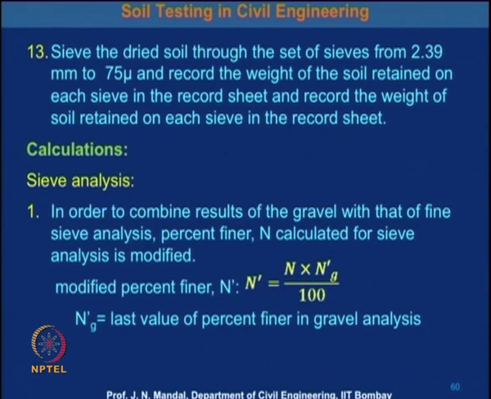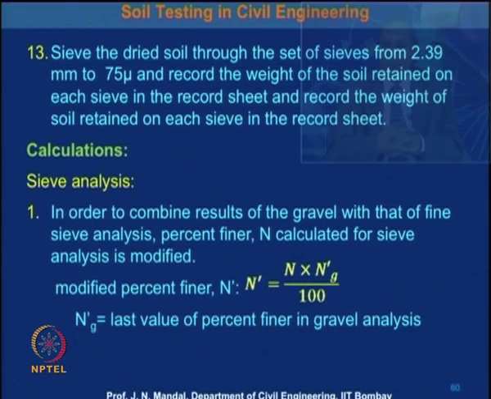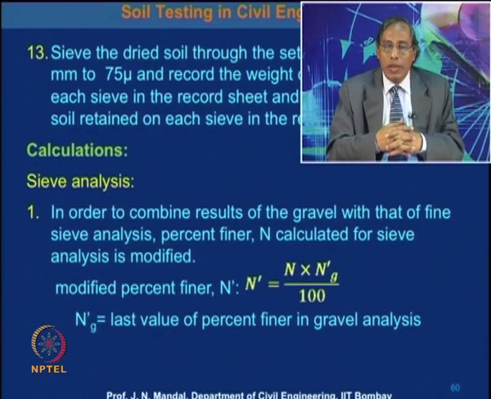Now, how to calculate for the sieve analysis? In order to combine the result of the gravel with that of the fine sieve analysis, the percentage finer N calculated for the sieve analysis is modified.